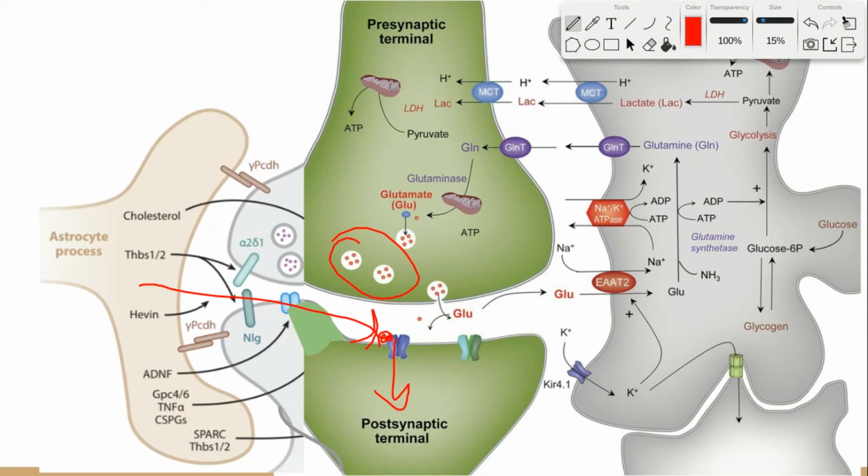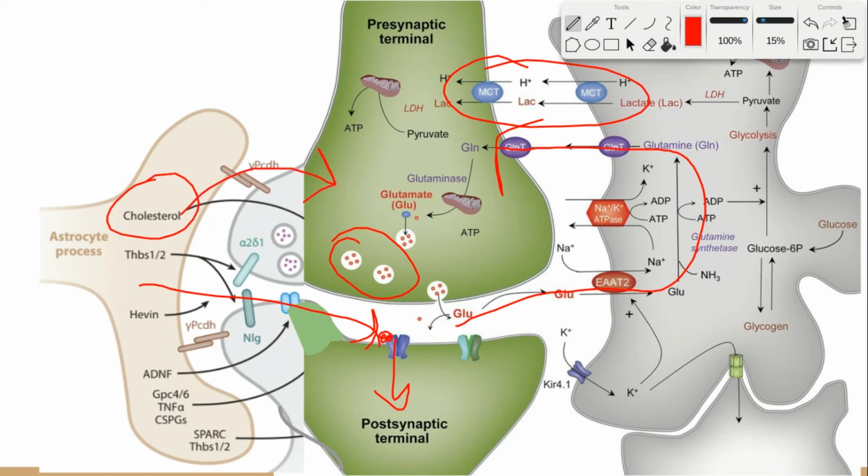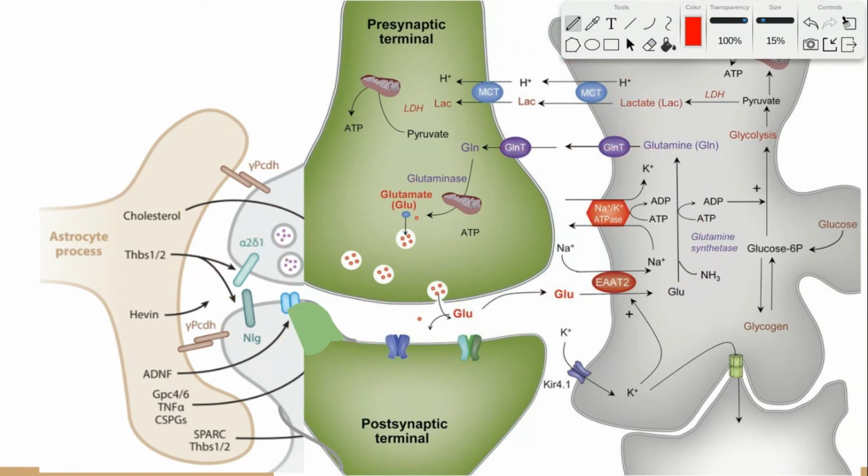So just to summarize, astrocytes do many important things, but some of what we discussed are glutamate recycling back into glutamine and return to the neuron, metabolic support through the lactate shuttle, and cholesterol transfer, can provide cholesterol for membranes. Synaptogenesis through thrombospondin. Thrombospondin is very important for linking up these neuroligins.